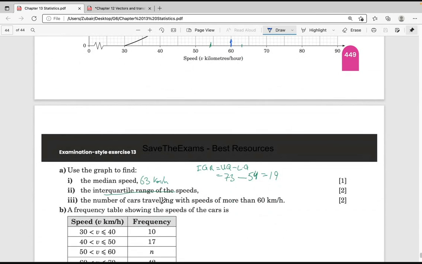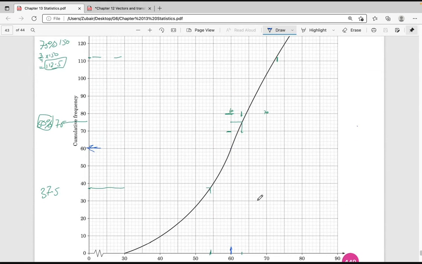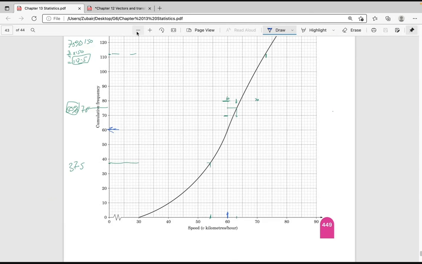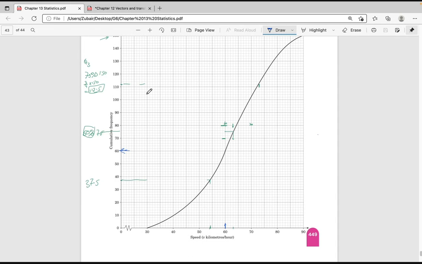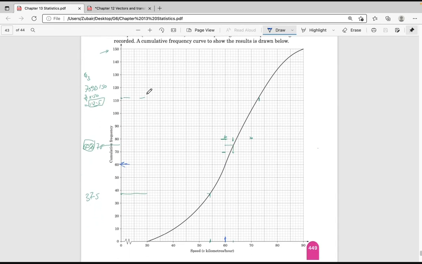The number of cars traveling with speeds more than 60. Oh, right. I know. Is it 150 minus 60? Yes, sir.